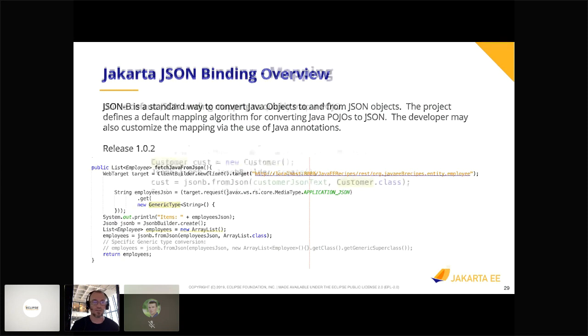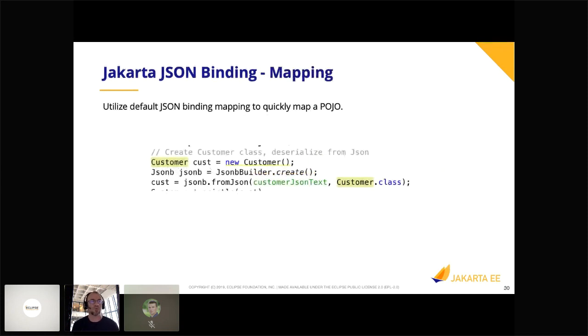So let's take a little dive into this. Binding a JSON object to a Java object is as easy as creating a JSON-B object from the JSON-B builder. And then you just call the fromJson method, passing the text and the Java class, and it will return that POJO fully populated from the JSON.